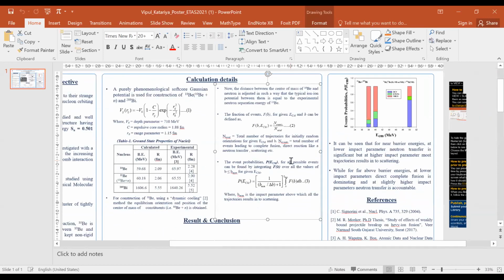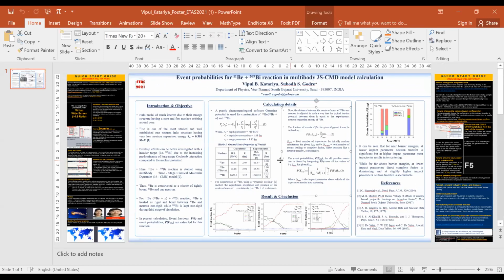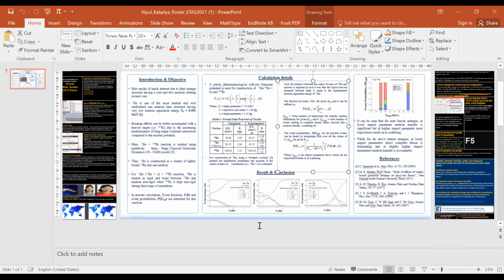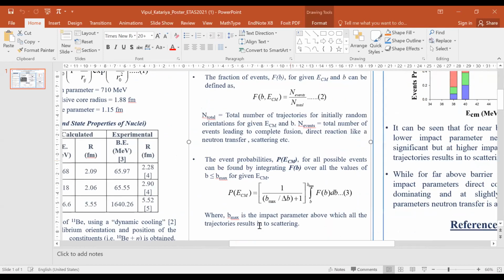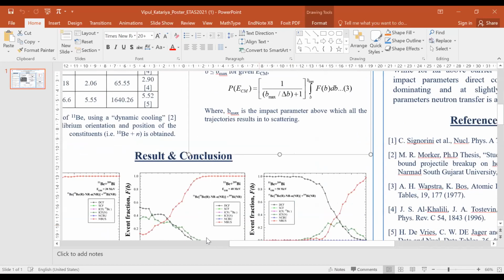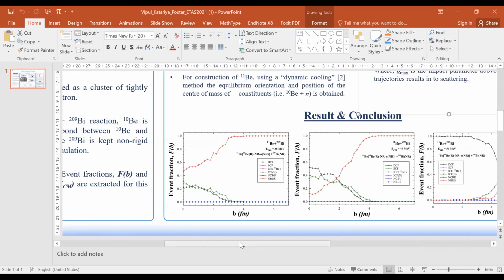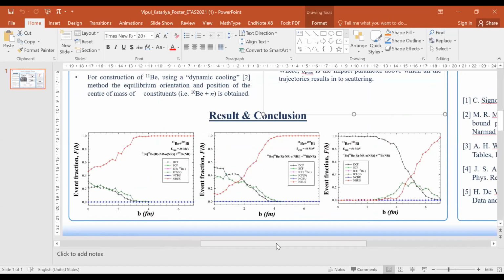Now, the results and discussion. We have calculated event fractions for three different energies. Out of these three energies, two are near barrier energies, and one is a far above barrier energy.